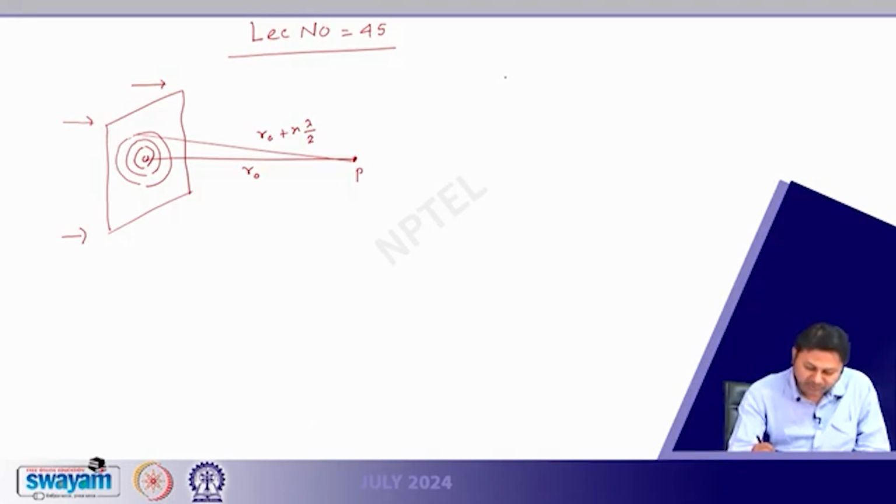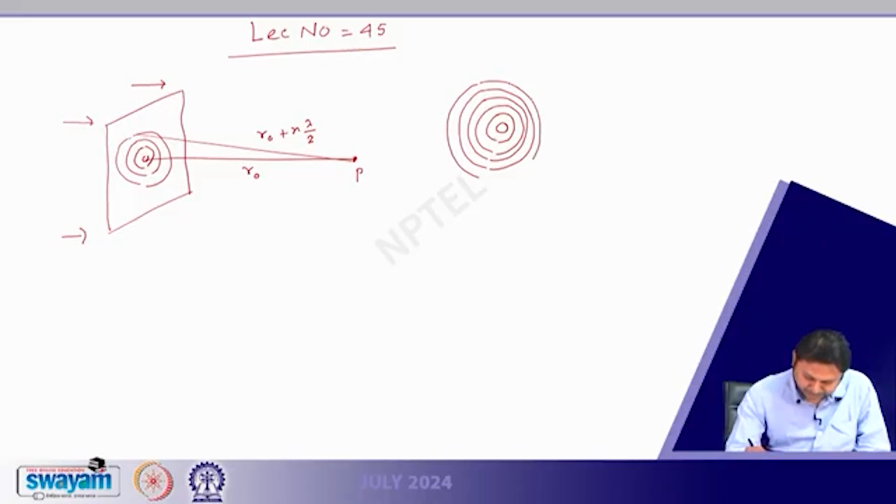Let me draw these zones once again, which we discussed in the last class. Suppose these are concentric circles forming the zones, and each circle has some area.